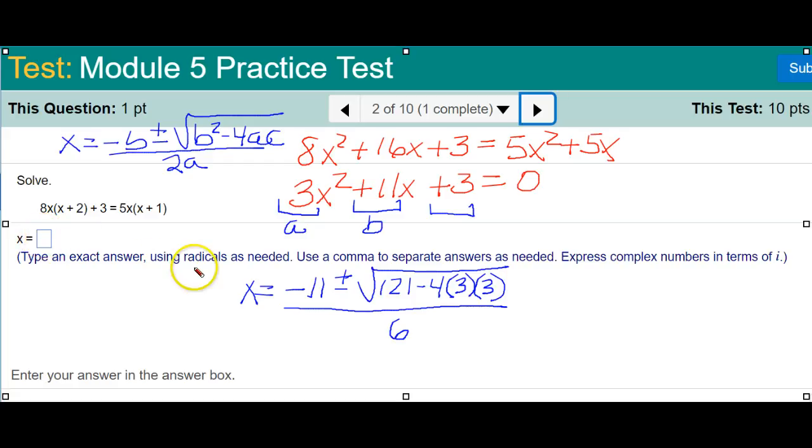Because you're going to use radicals, probably. And if this under the radical sign is negative, it would be an imaginary number. And you're going to get 2 sets of answers, because this part for 1 will be plus, this part for 1 will be negative.